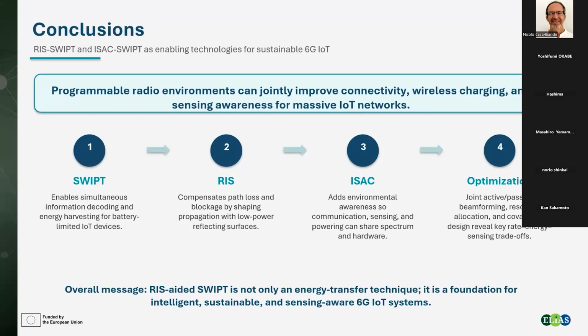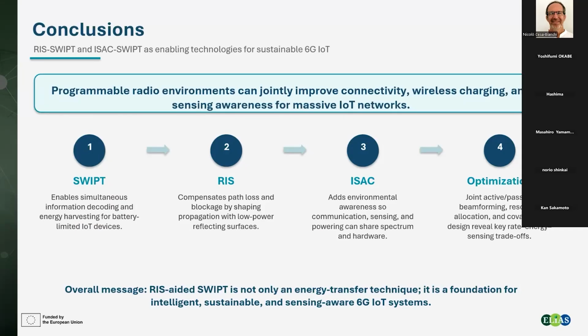We started with SWIPT, which enables simultaneous information decoding and energy harvesting. Then we moved to the RIS, which handles path loss and blockage by shaping the propagation with a low power reflecting surface. And then ISAC, which is environment aware for sensing and powering.